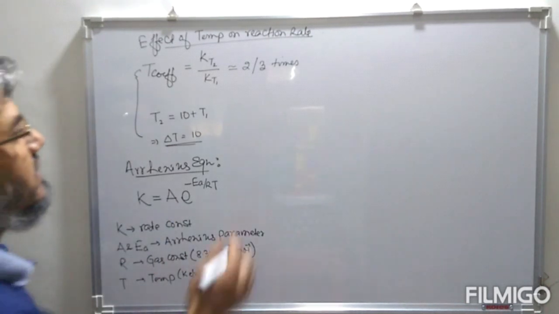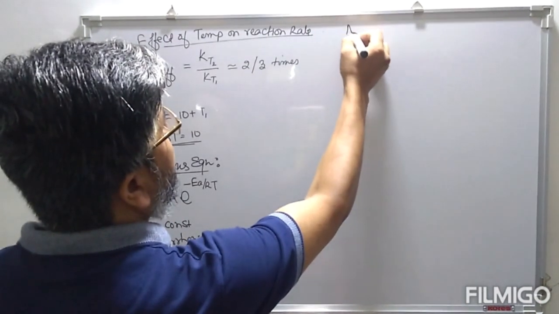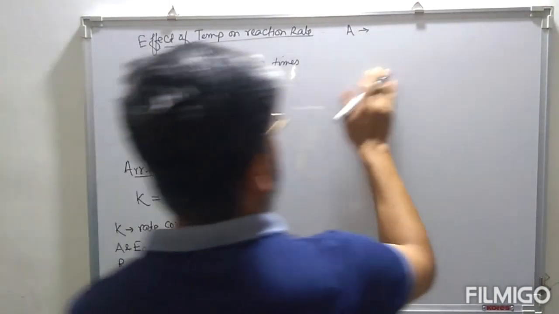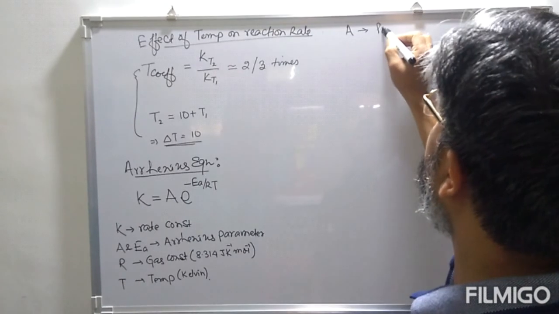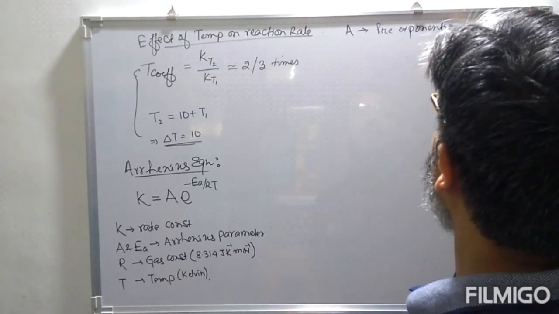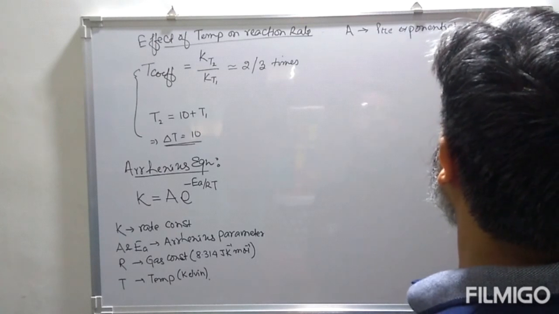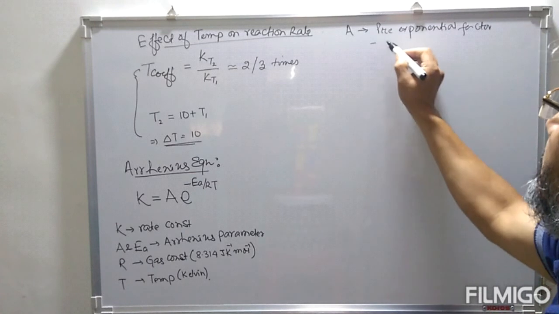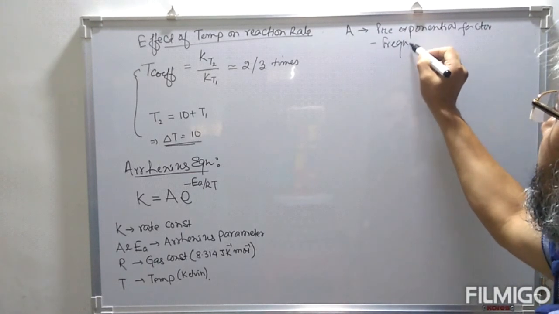and this A is also known as the pre-exponential factor, which is also known as the frequency factor.